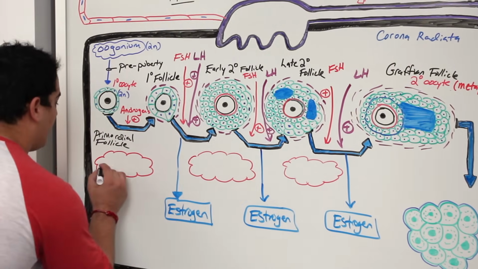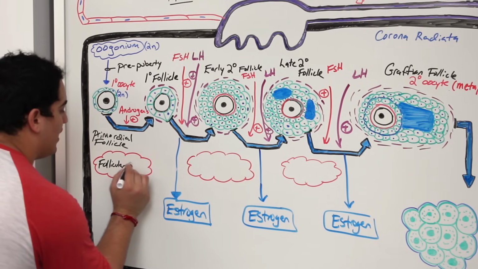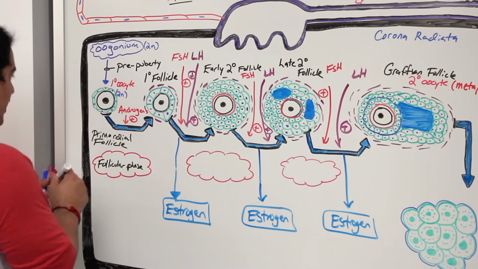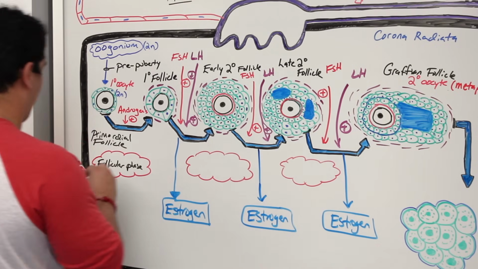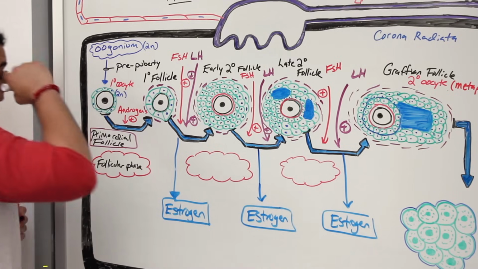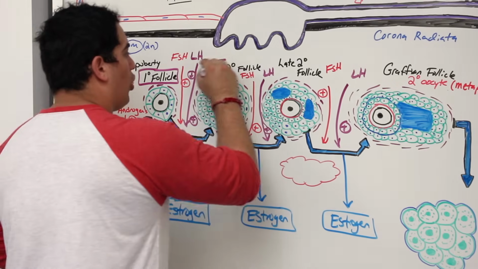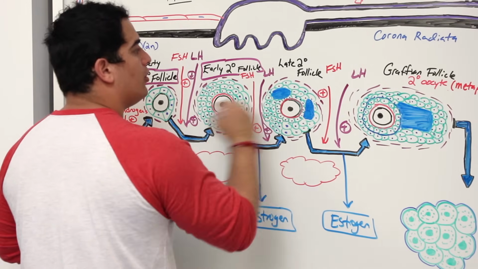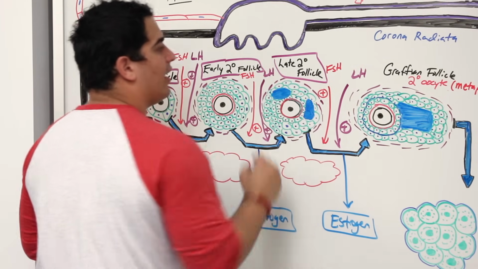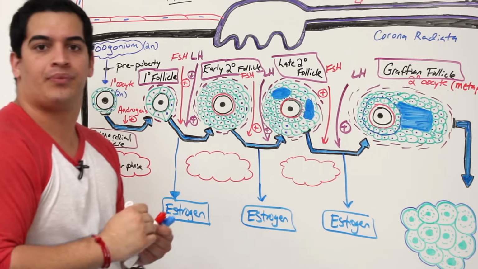This is called the follicular phase. And again, in the follicular phase, what am I actually doing? I'm going from a primordial follicle to a primary follicle to an early secondary follicle to a late secondary follicle to a Graafian follicle. Okay?